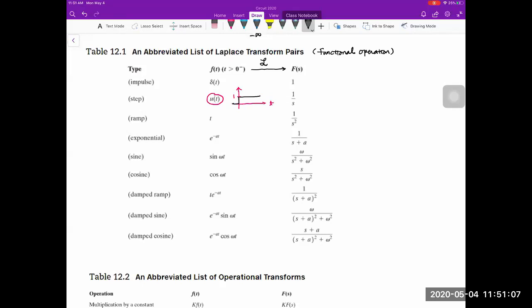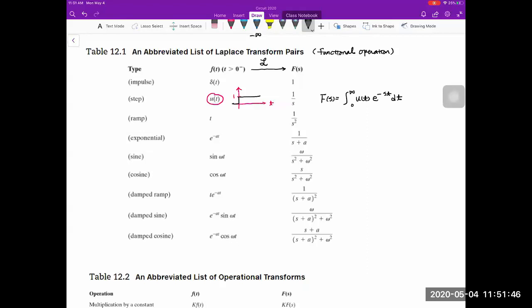If you do a Laplace transform, F of s is equal to the integration from 0 to infinity of the function u of t, multiplied by e to the minus st, dt. Between time 0 and infinity, what is the value of u of t? You look at the graph, the unit is equal to 1.